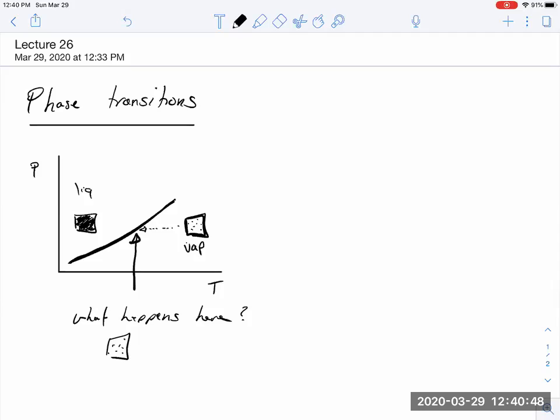At coexistence, that barrier is associated with growing a macroscopically large interface, which is a huge free energy to overcome. On the other side, if I start with the liquid and bring it into coexistence, the same thing is true. I have to overcome a very large barrier to turn into the vapor. So starting from the liquid, I'll see the liquid on that phase boundary.